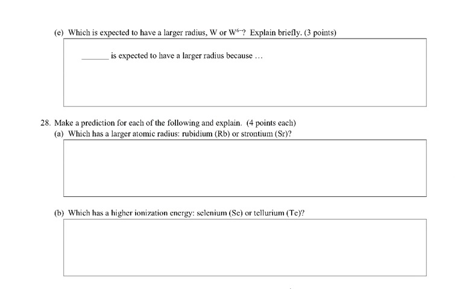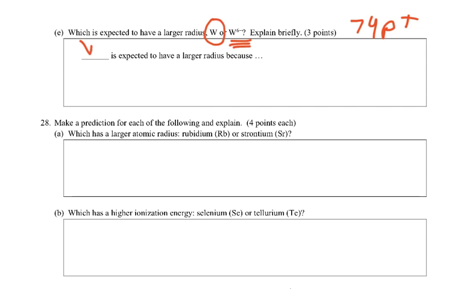Okay, which is expected to have a larger radius, tungsten or tungsten 6+? Both of these have the same number of protons in the nucleus, and it happens to be 74 protons. It doesn't really make a difference right now, but they have the same number of protons. But if you become +6, that means you have lost some electrons, so there's going to be less repulsion, and it's going to make it smaller.